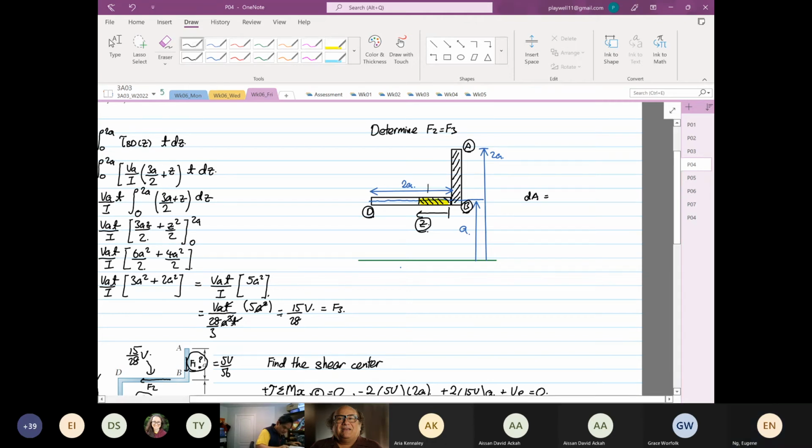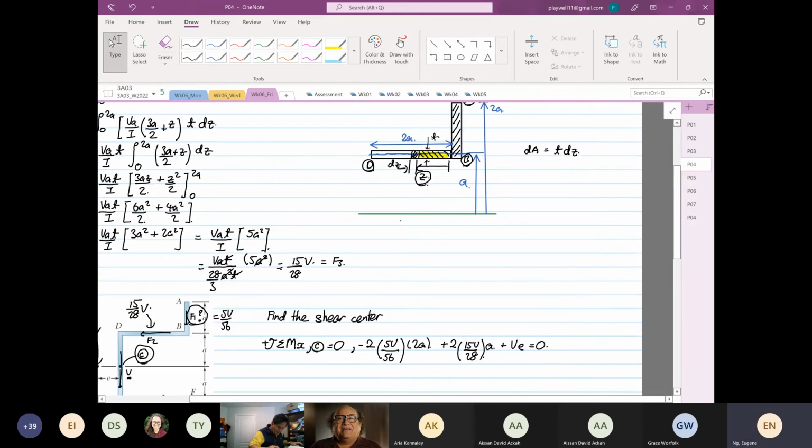This is our t, so t dx, where dx is a small increment. Samuel, that's how we do it. Are you okay with that? I think Samuel is okay.